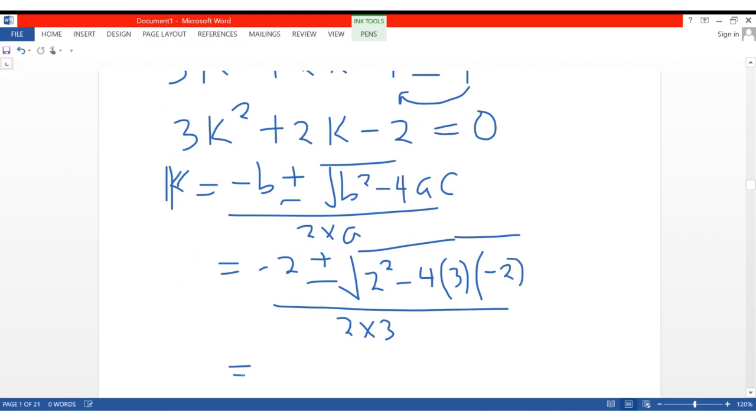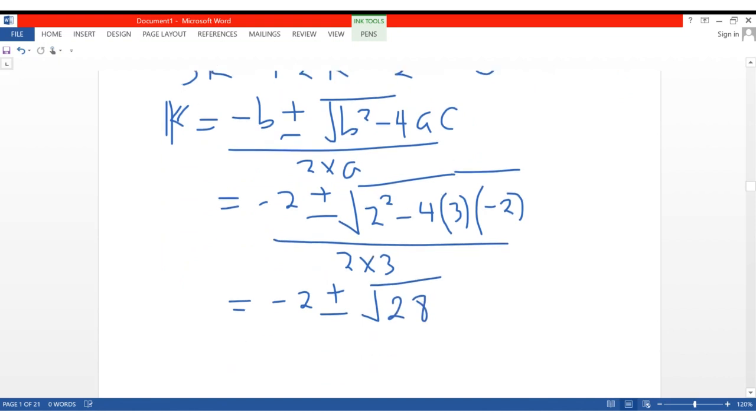Let me use a calculator for this one. 4 times 3 times negative 2, I'm getting negative 24, times negative 1, 24 plus 4. Almost as what I had done before on Rolle's theorem. So that is 28 under the root, all over 6.